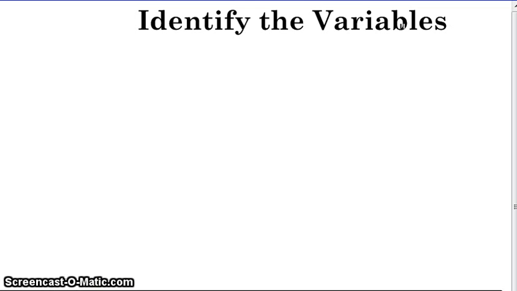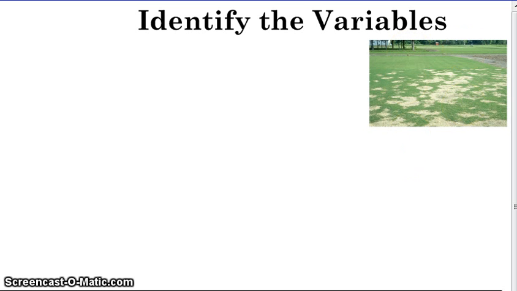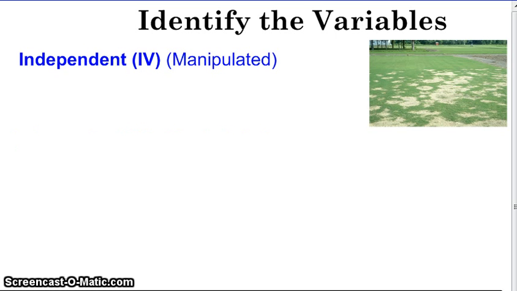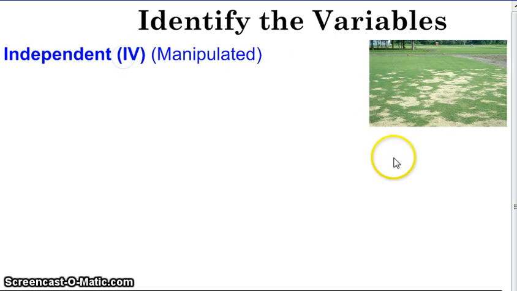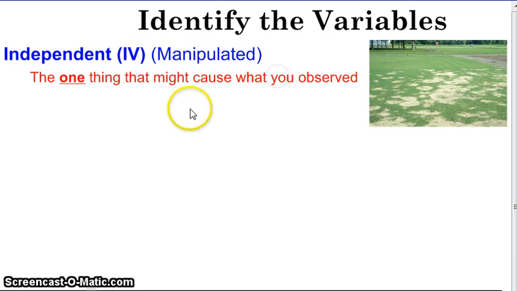The next thing that you're going to do is identify the variables involved in the dead grass. The first variable involved is called the independent variable. It's the one that you manipulate. So if you were going to conduct an investigation to find out why the grass was dying, you would begin by listing the one thing that you think might have caused the observed dead patches of grass.